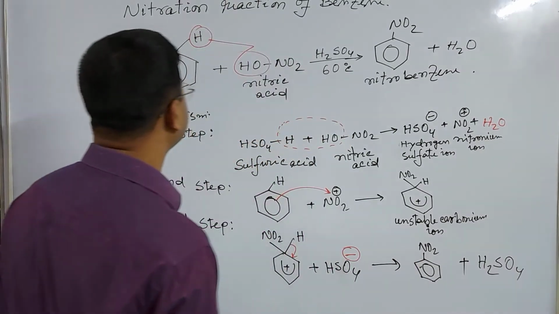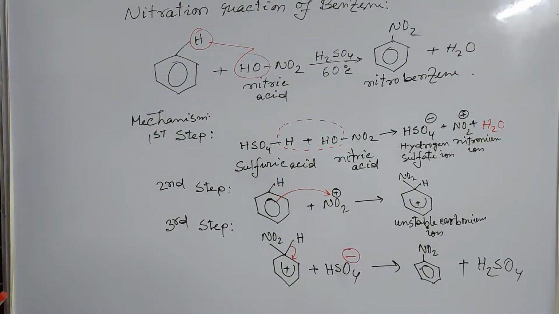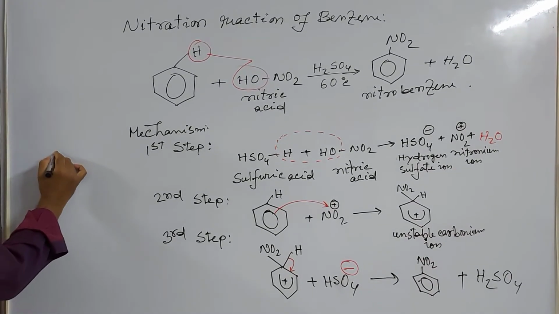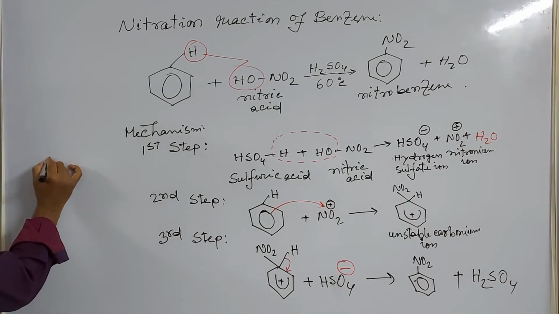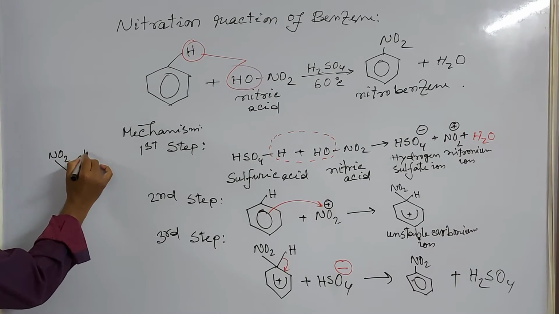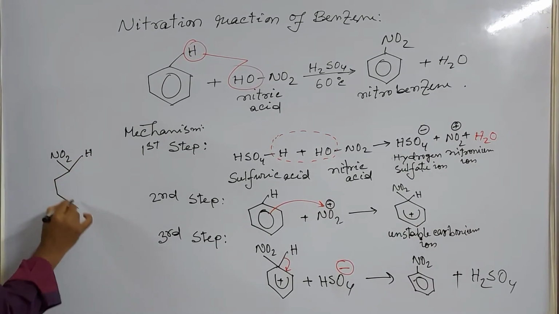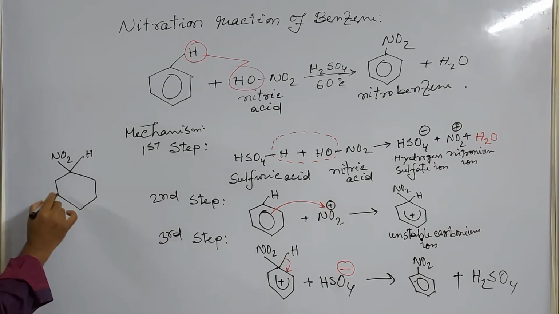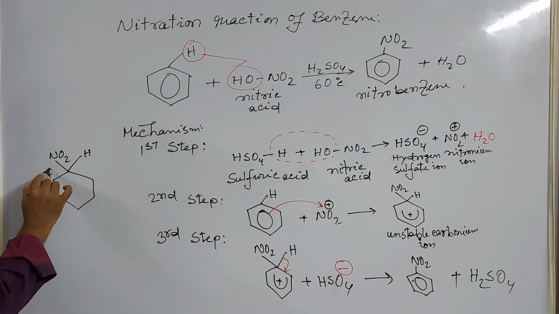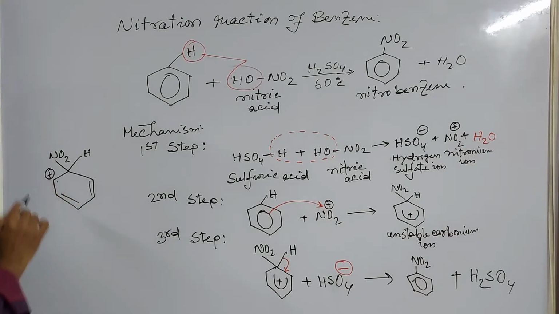My dear students, that's all about the mechanism of nitrobenzene. But I would like to show you the sigma complex. Actually, when the nitronium ion, the electrophile, attacks the benzene ring, this carbon becomes positively charged, and due to the attraction of this positive charge, the bond pair electron goes to the middle point of two carbon atoms.